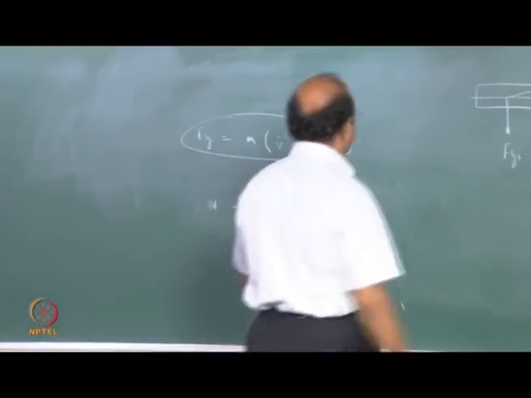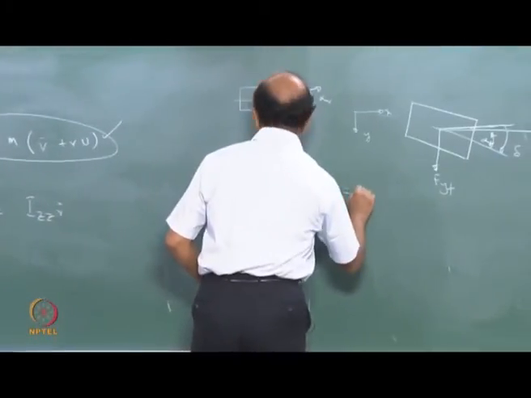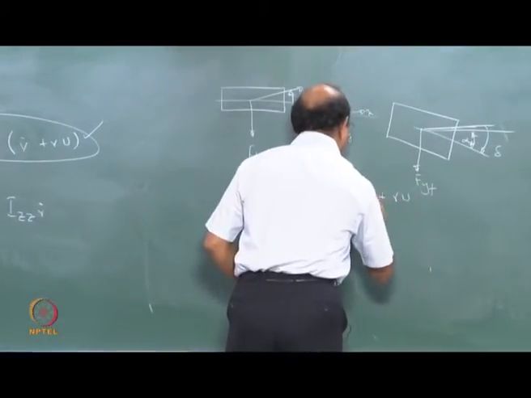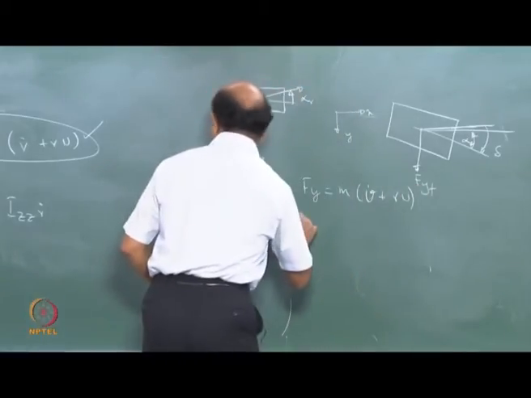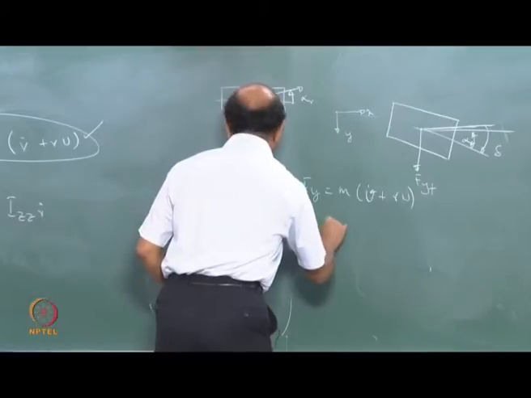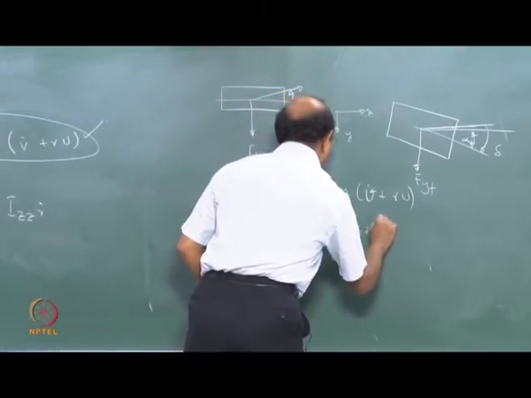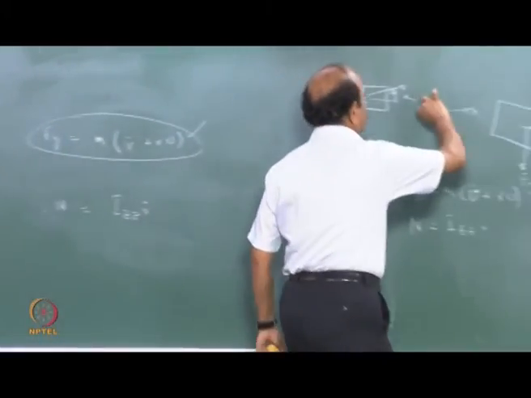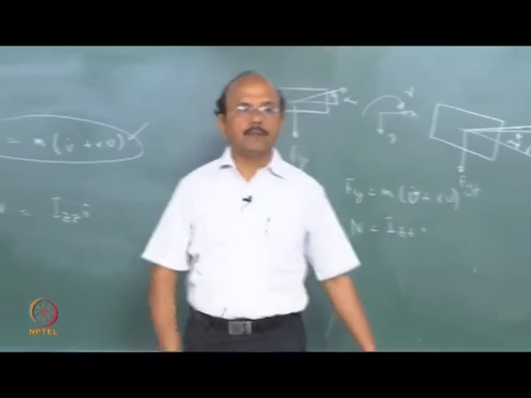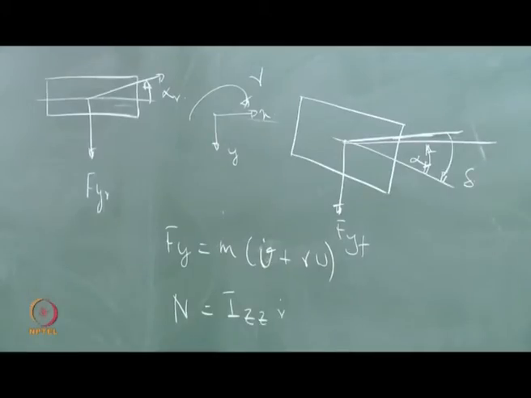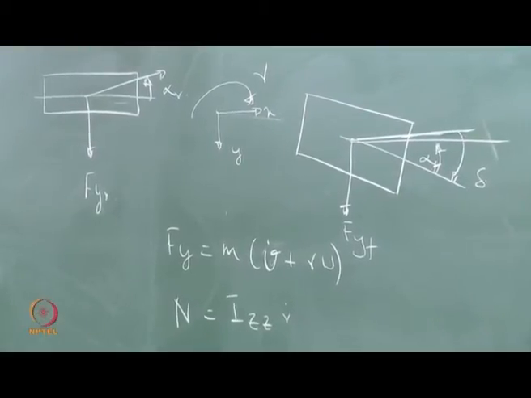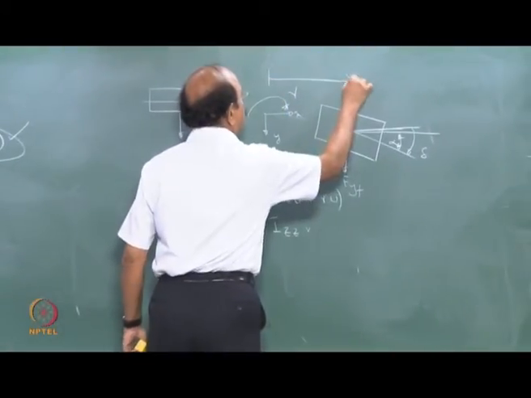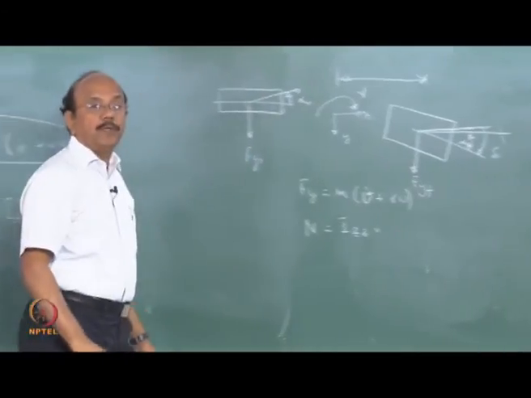Now, I have these two equations. And N is equal to Izz r dot. What's r? That's r, okay, which is the yaw velocity, and r dot is the rate of change of r, right? Okay. Let me call this, as is usually done, L1 and L2.